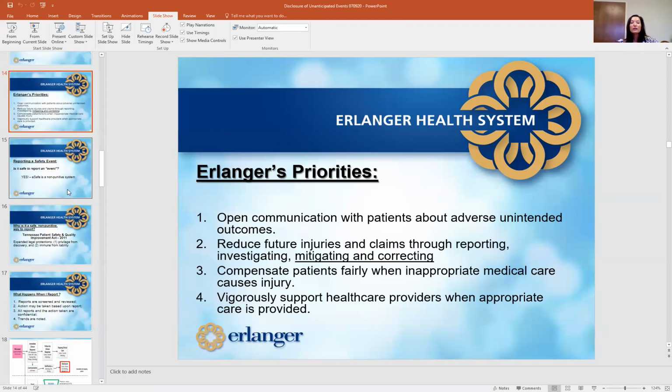So when there's clear liability, meaning we provided care that did not meet the standard of care, and there are quantifiable damages that result from that, most frequently additional medical bills and lost wages, we go ahead and start looking at compensating the patients rather than forcing them to file a lawsuit to do it.